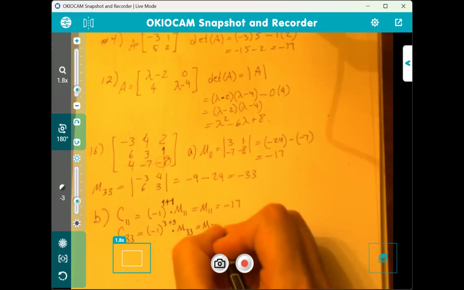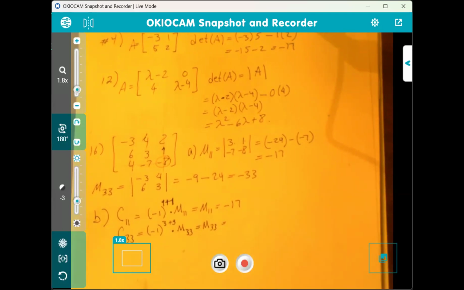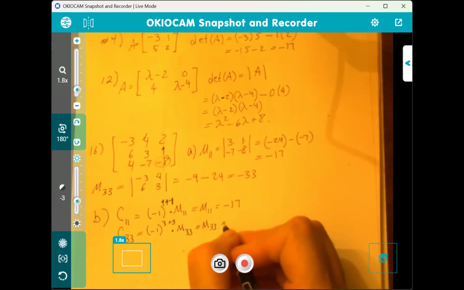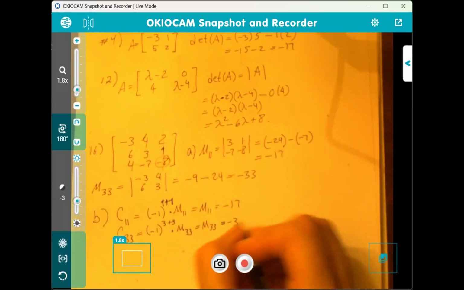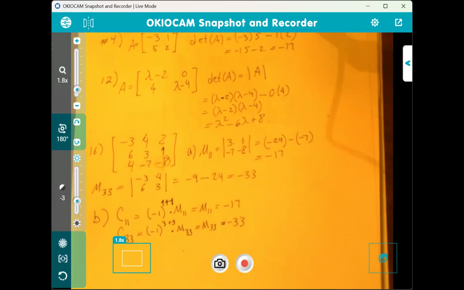This also turns out to be M33. But if we do this for, for instance, third row, first column, or third row, second column, that would be 3 plus 2 is 5, and now it's going to become negative 1. M33 is negative 33. So that's how the cofactors work. Hopefully everybody's okay on this work, ladies and gentlemen.